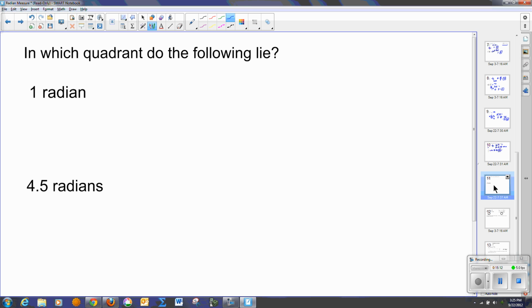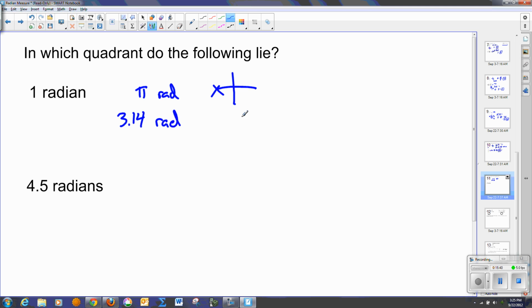Next example, we need to know where the following lie. We want to know what 1 radian is equivalent to. We know pi radians is on the negative x-axis, if you will, over here. So what is pi equivalent to? It's 3.14.